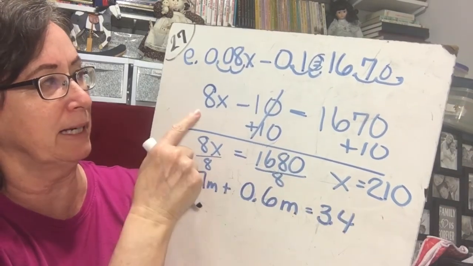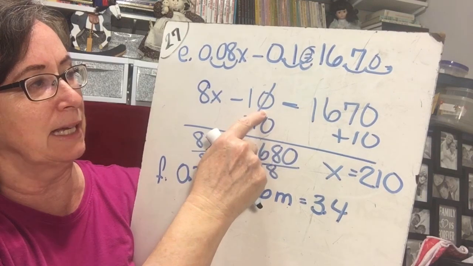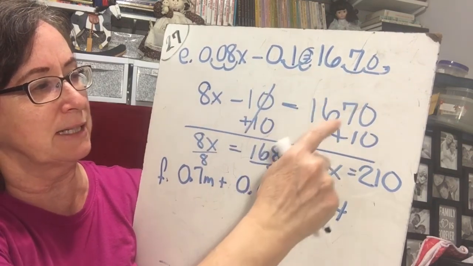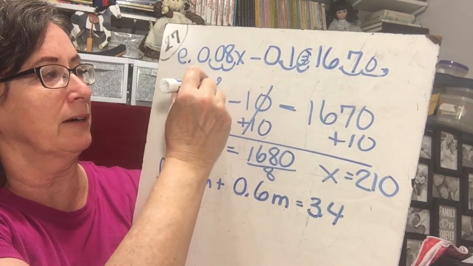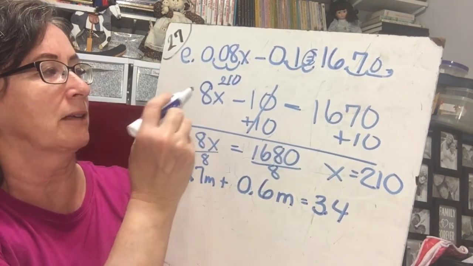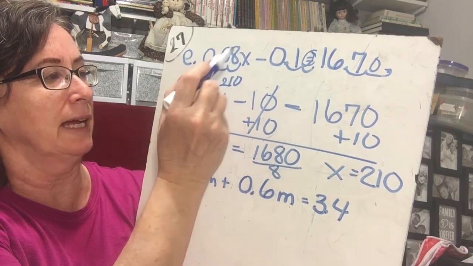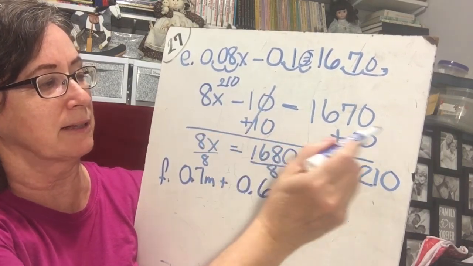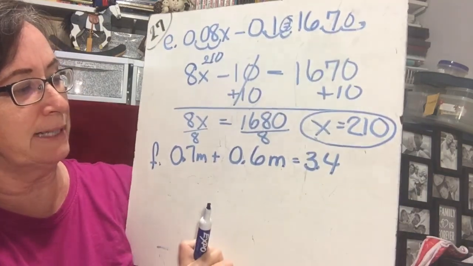We could go back right here, and that one was 8, that one was 10, negative 10, that one was 1670. We plug in a 210 right here. That's going to be 1680. Take away 10 is 1670. So that looks like that is the correct answer.